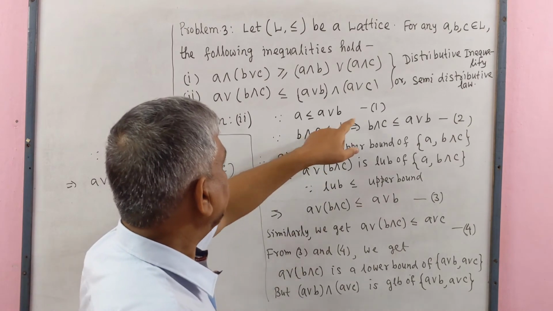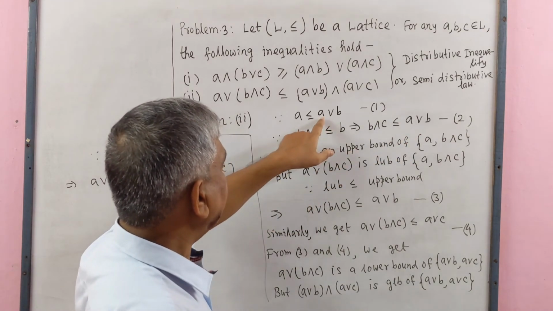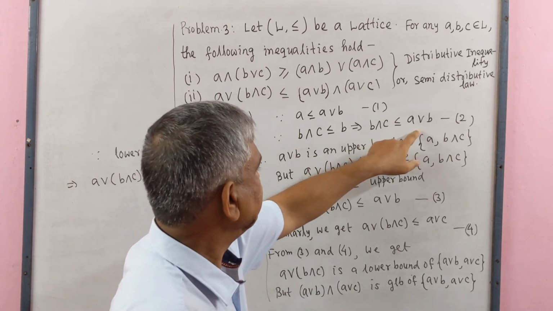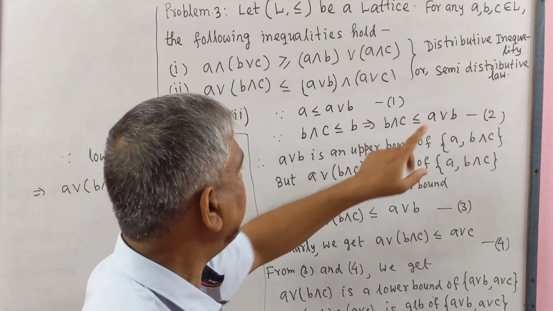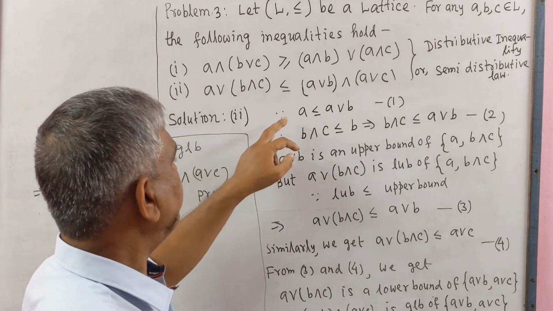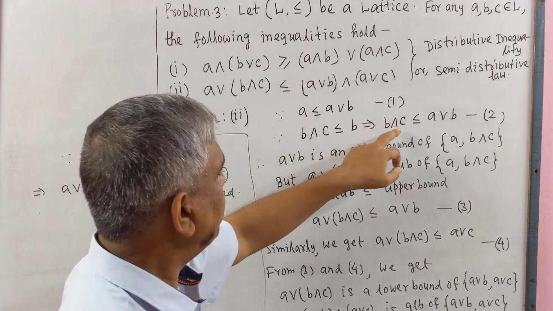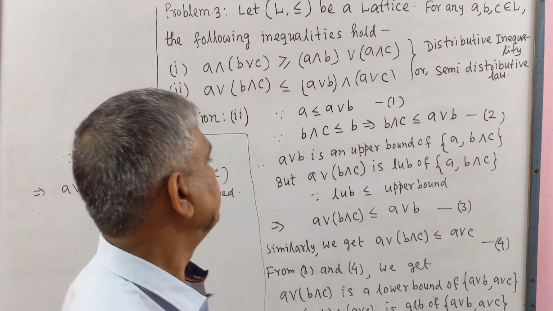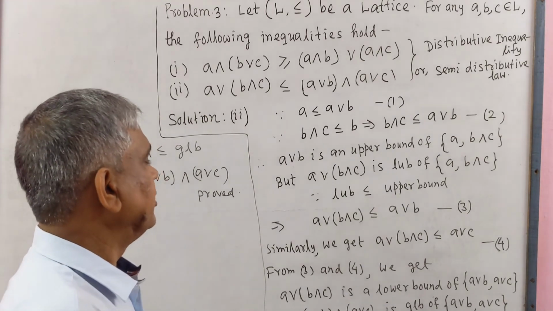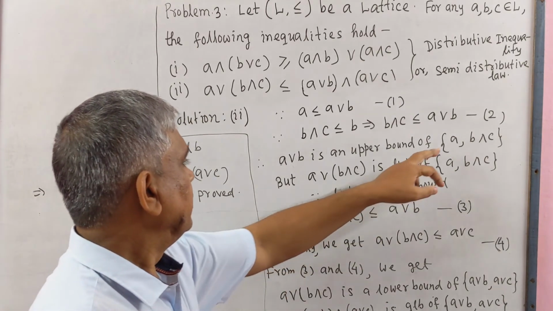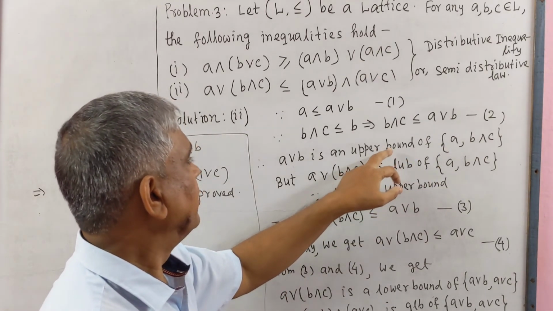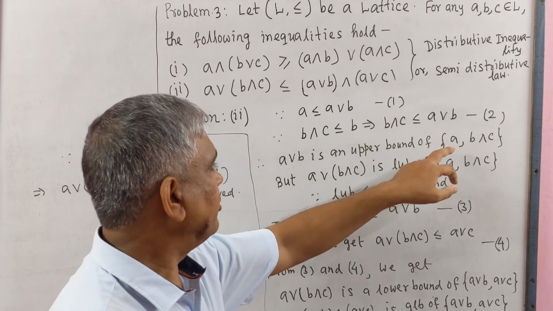Here in 1 and 2, on the right side we have A ∨ B. So A ∨ B is an upper bound of the set containing elements A and B ∧ C. But we have to find the least upper bound.